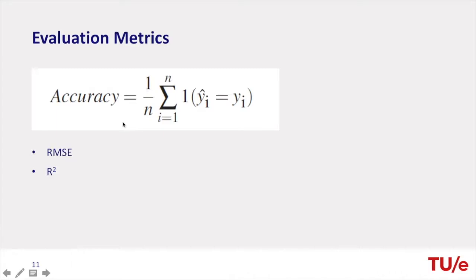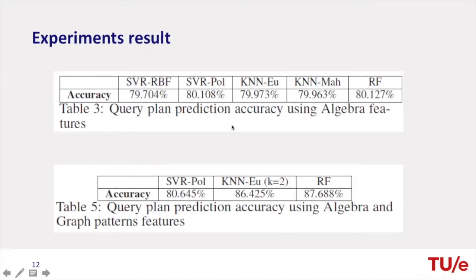This is our accuracy, and by using this accuracy, we can calculate the RMSE, which is the root mean square error, and R square for evaluation. And they did some experiments.